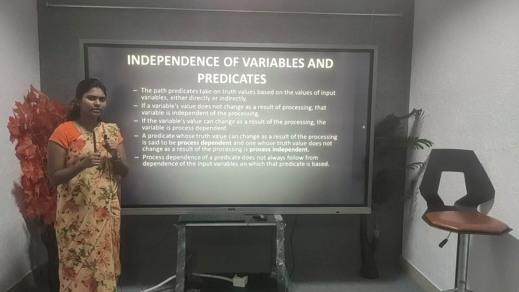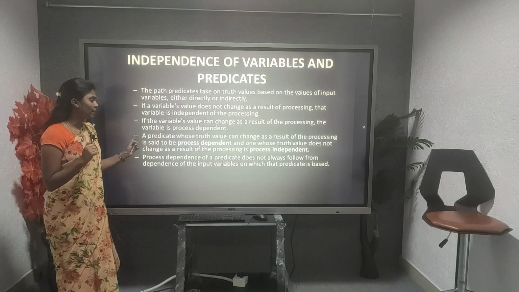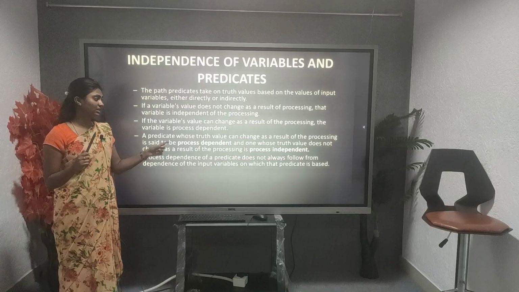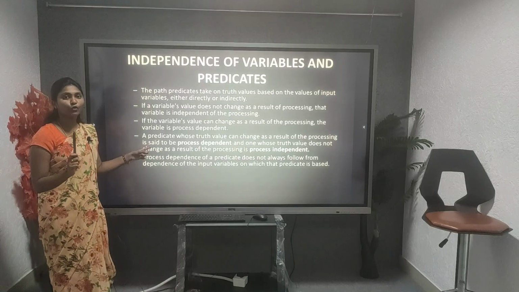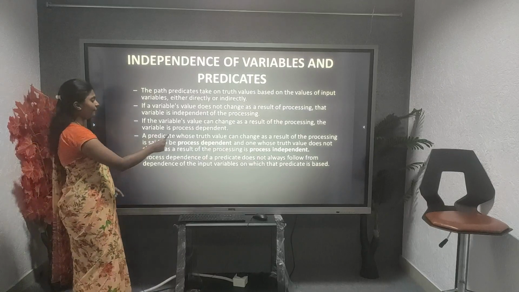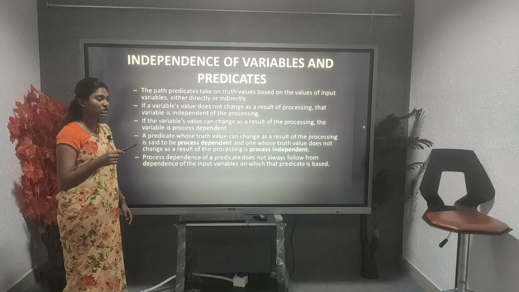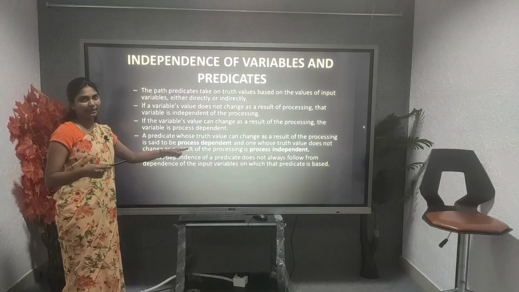If it is not constant, not unique, and repeated many times, it is a dependent variable. So these independent and dependent variables change the predicates one by one because of the truth value or truth input. If the truth value changes, the processing of the variable changes to form a dependent.